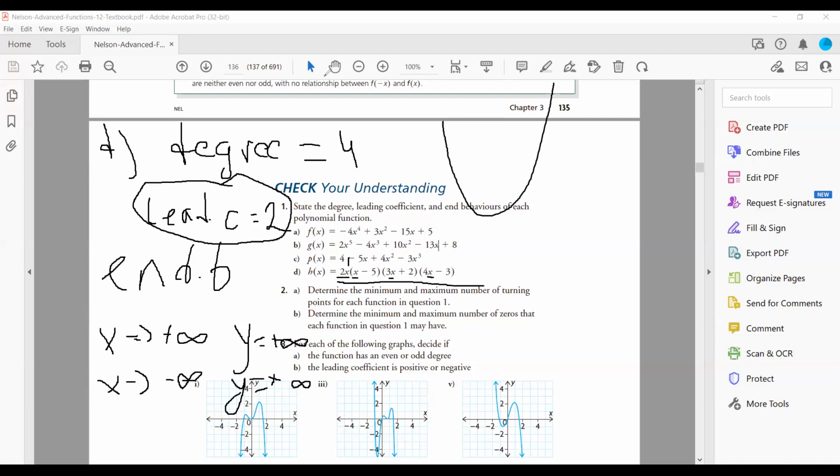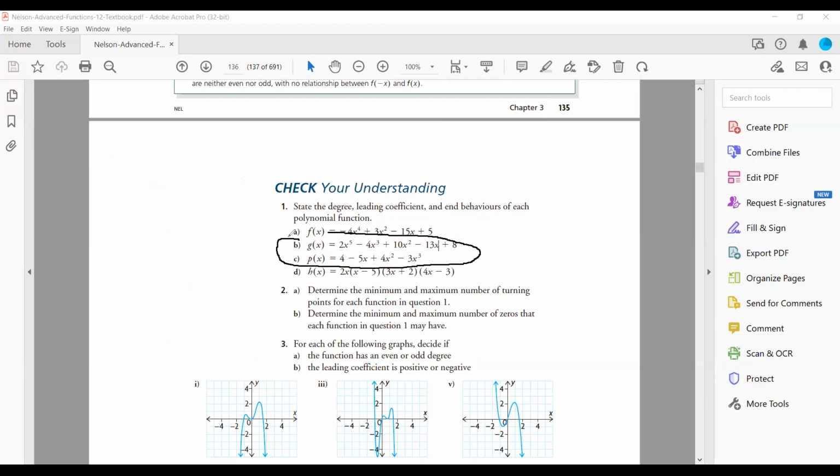Okay, whatever. So, any questions about defining the degree of a function, the leading coefficient, as well as end behavior? B and C is your home assignment.